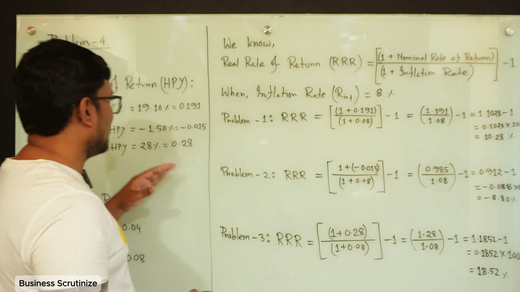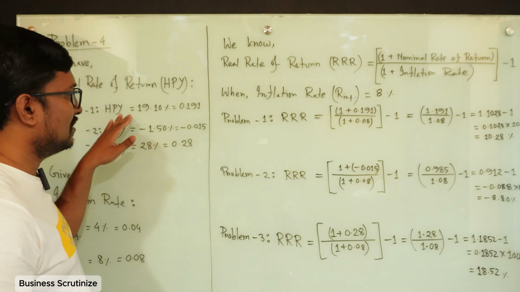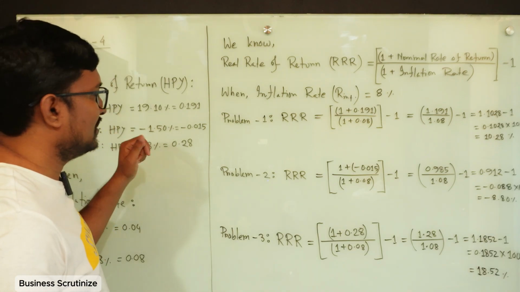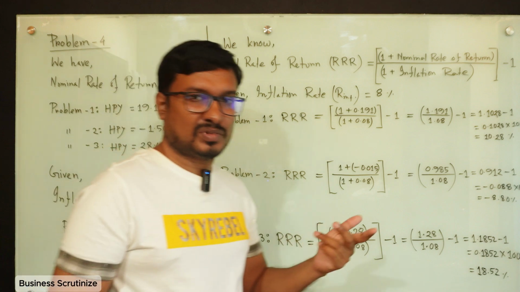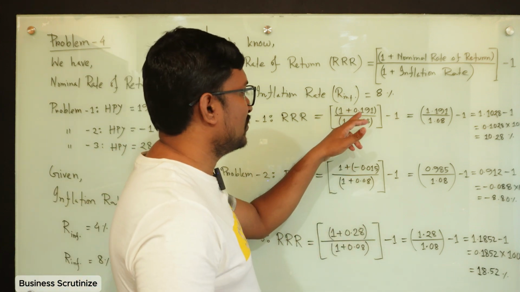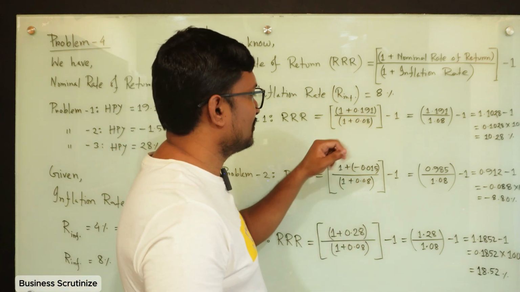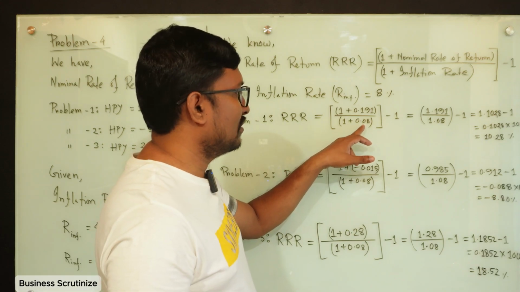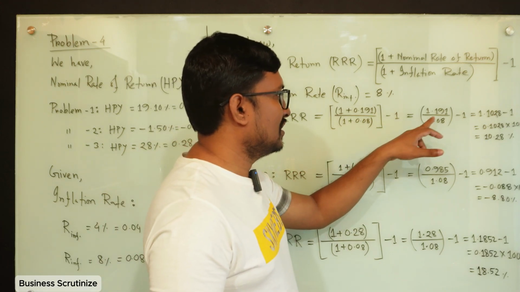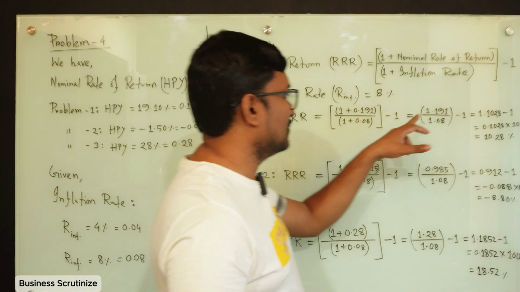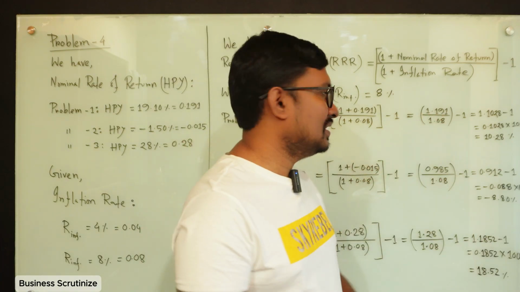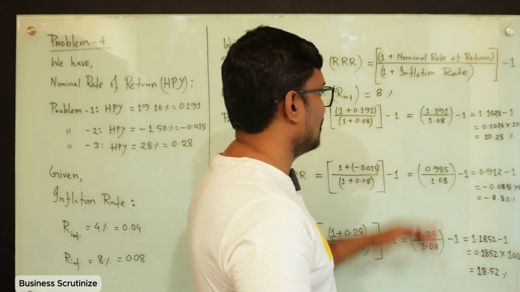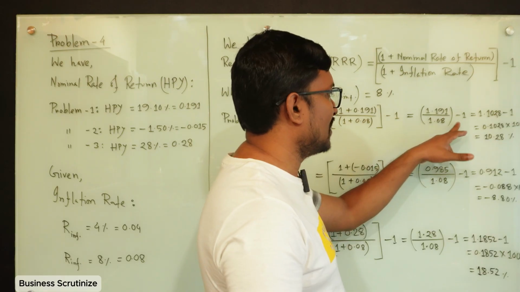Same again, we consider SPY, or the nominal rate of return, 19.1% in problem number 1. So 1 plus 0.191, and we divide it by 1 plus 0.08, minus 1. Here you can see the value 1.191 in the numerator and 1.08 in the denominator, minus 1.